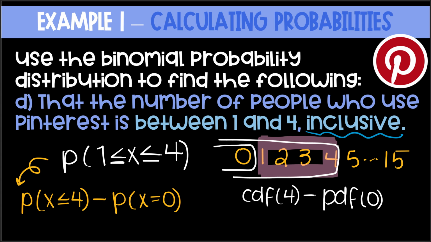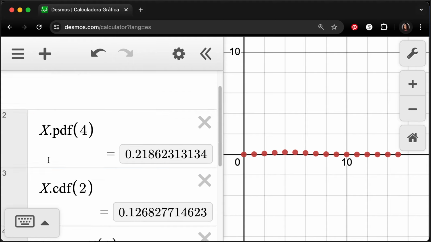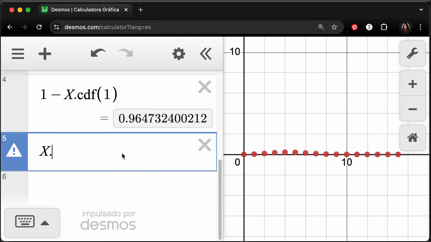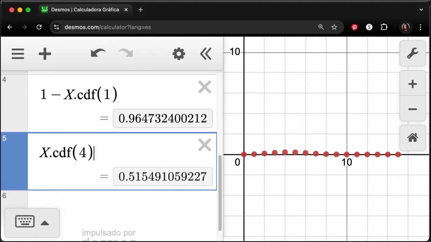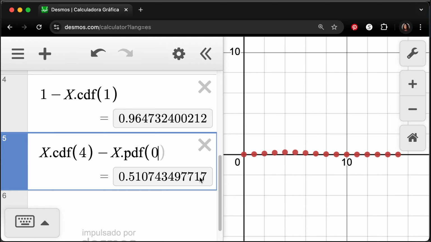I go to Desmos. My discrete random variable that I labeled was x. I had to do it because this is my information that I gave Desmos to use. CDF of 4, because I want all the way up to 4, but I'm going to subtract the PDF of 0. This is your probability.